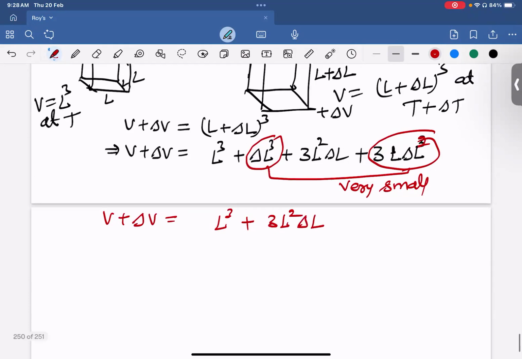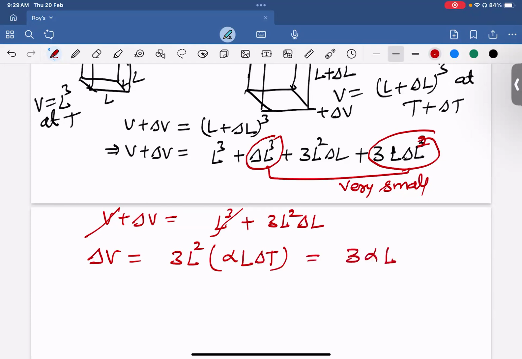And V and L cube are equal only. So I can say delta V equals 3 L square delta L. The delta L formula we know is alpha L delta T. So I can also write here 3 alpha L cube delta T. This 3 alpha is a coefficient and L cube is equal to V. So I can also write delta V equals 3 alpha V delta T. Now 3 alpha is itself a coefficient that we can write as gamma.